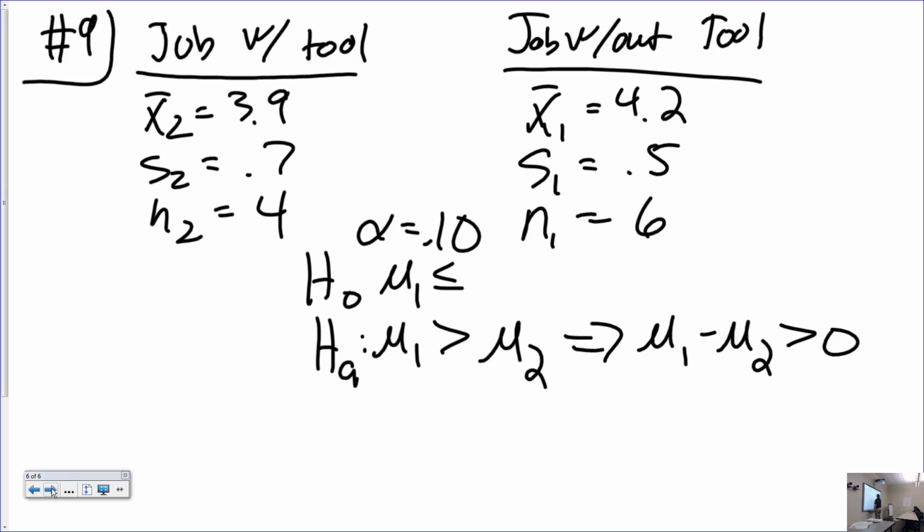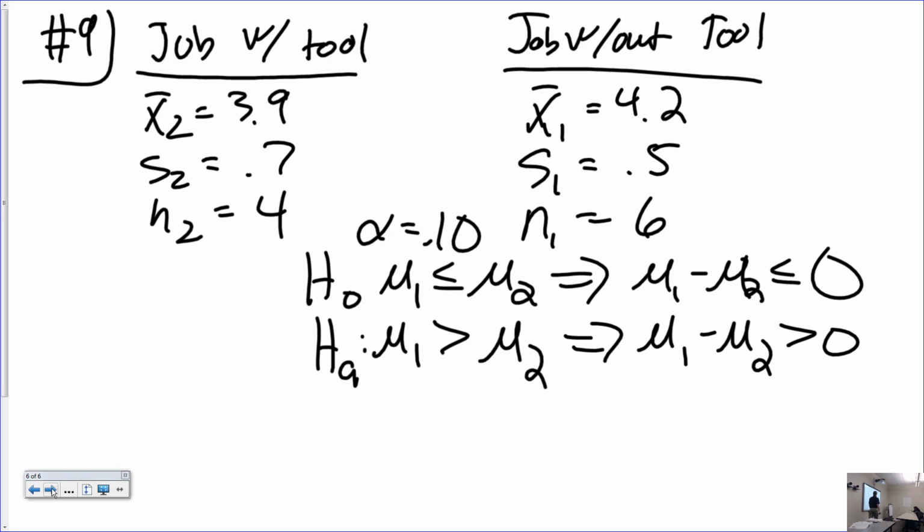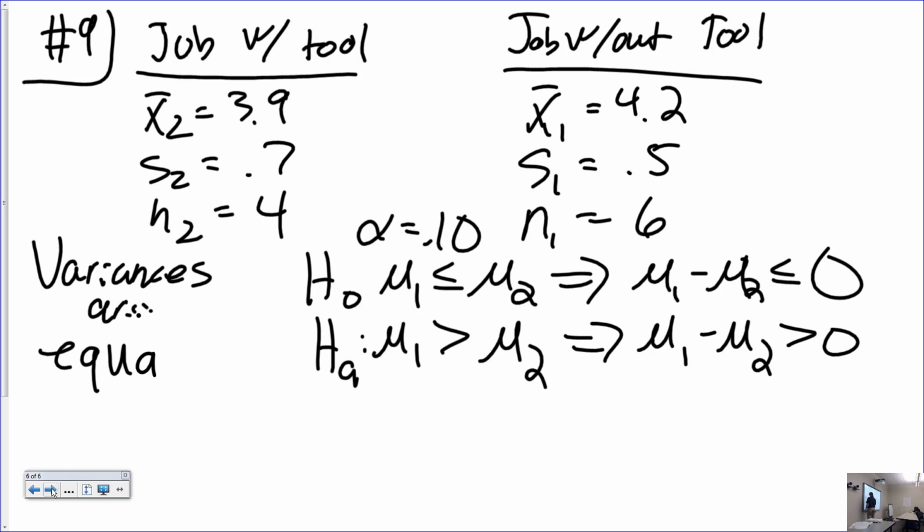And the opposite translates into mu1 minus mu2 is less than 0. Those are the Ho's and Ha's. And this one had variances that are equal. So we have to use the crappy formula, or the better formula, in theory.